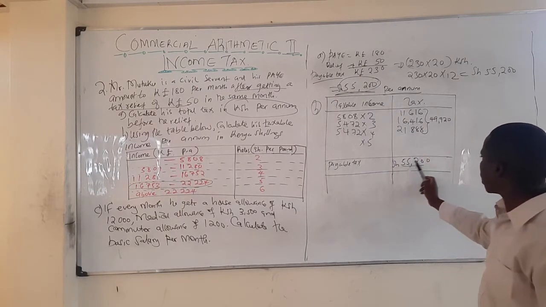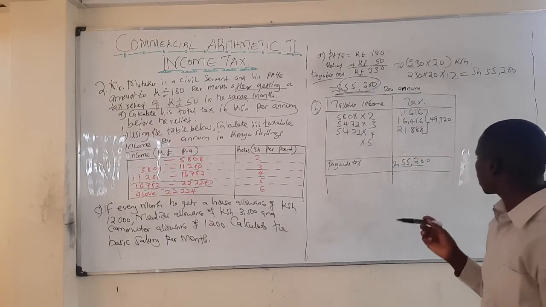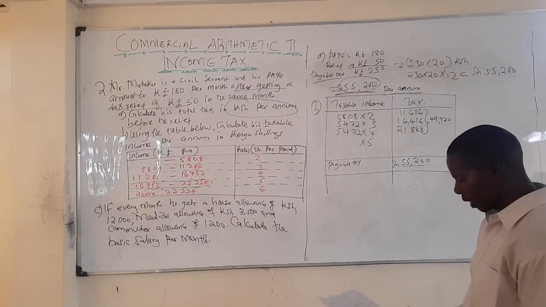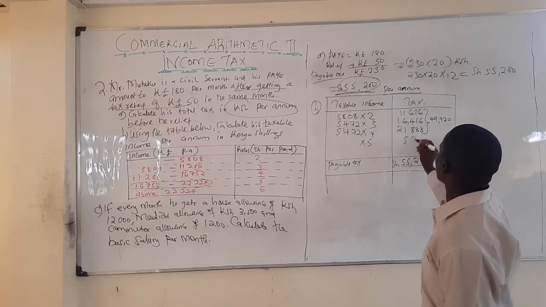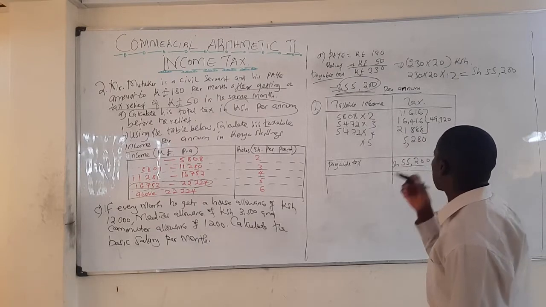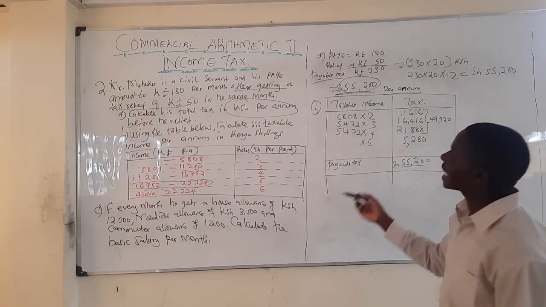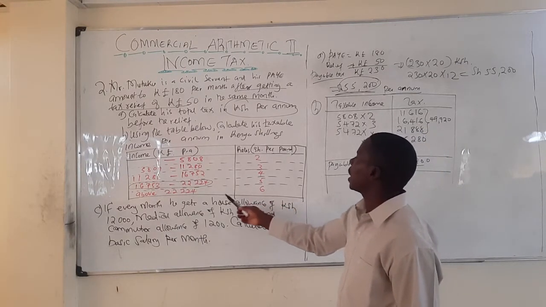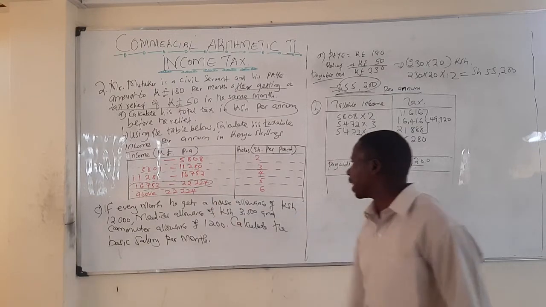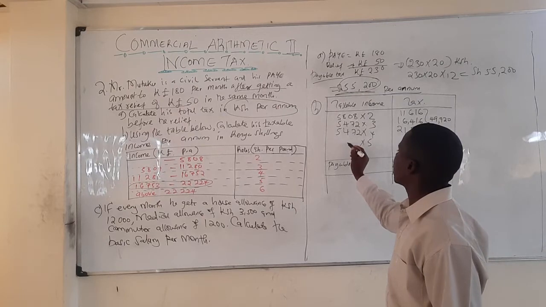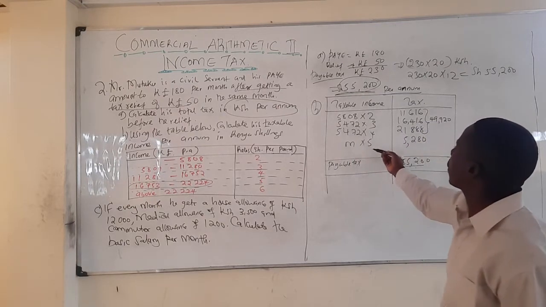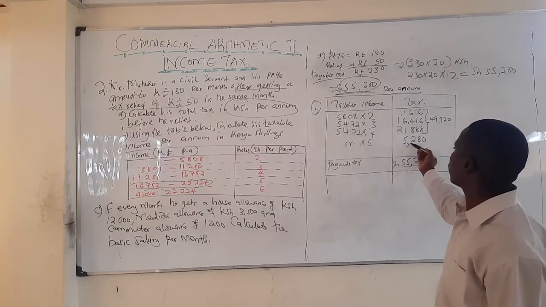So 55,200, we subtract 49,920, and we are going to get 5,280. So that is what we are going to be taxed in the fourth bracket. What have we taxed? We can give it as the value, maybe m. M multiplied by 5 gives 5,280.